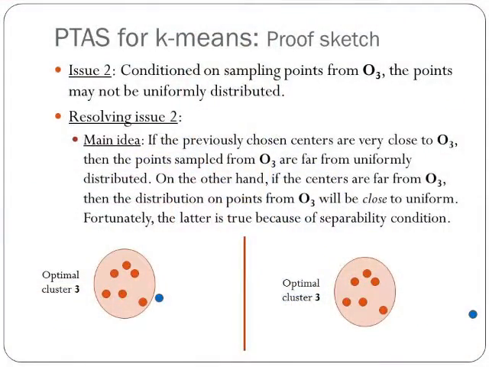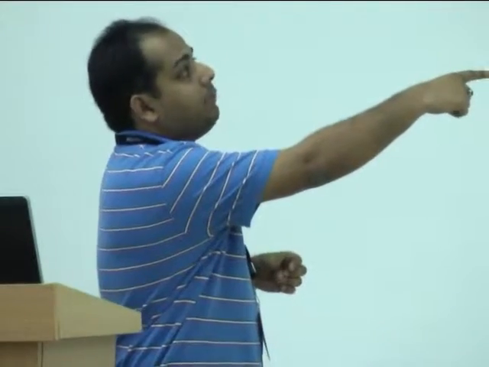Now the problem is that you get points from these uncovered clusters, but these points may not be sampled from the uniform distribution. So how do you resolve this issue? This can be resolved in the following manner. The main idea is that if previously chosen centers are very close to this optimal cluster 3, then the points sampled from O3 are far from being uniformly distributed.